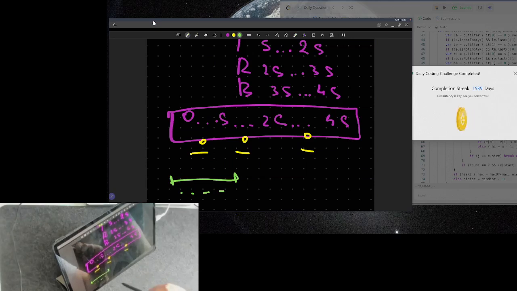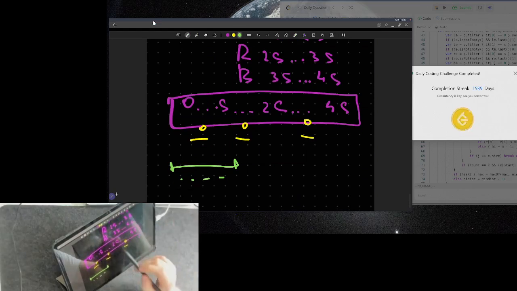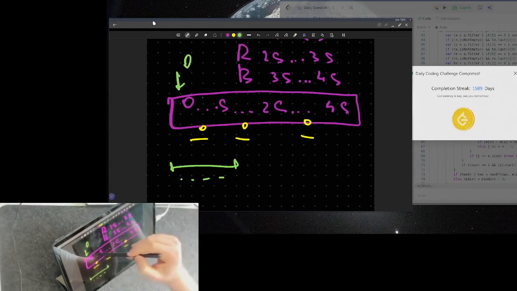Now, another interesting idea, or I would call it a trap. You can't just start from the first point.